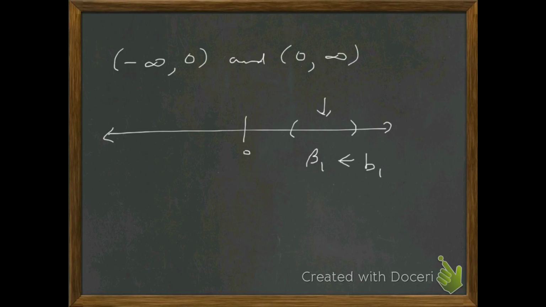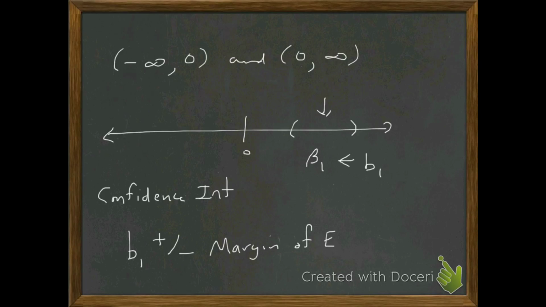So guys, what we'll do there is we'll ultimately create a confidence interval. In the confidence interval, we'll take our estimate as the center. We will add and subtract a margin of error.